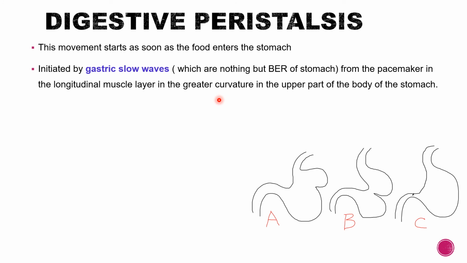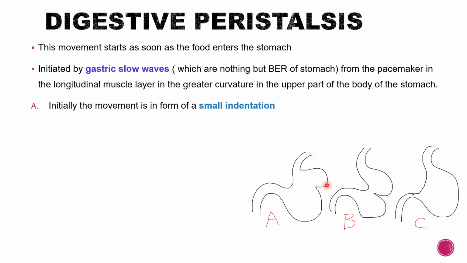As I said earlier, BER does not give rise to contraction except in the stomach, where it gives rise to the digestive peristalsis. The pacemaker for this is the interstitial cells of Cajal. These are present in the longitudinal muscle layer in the greater curvature in the upper part of the body of the stomach. So this is the greater curvature, this is the body, this is the upper part of the body. In the upper part of the body, in the longitudinal muscle layer, you have the pacemaker.